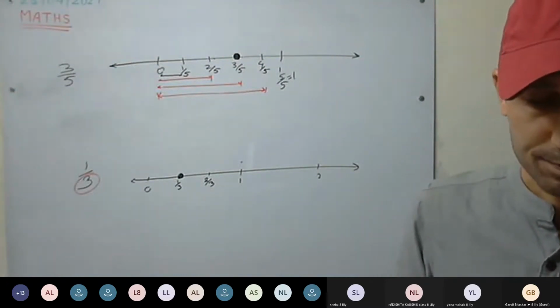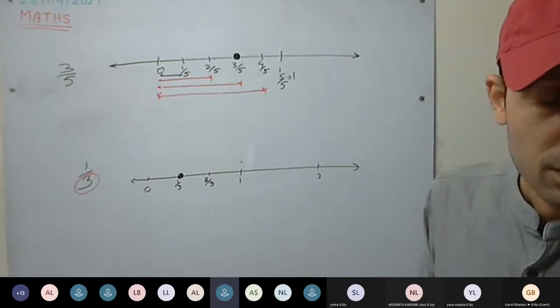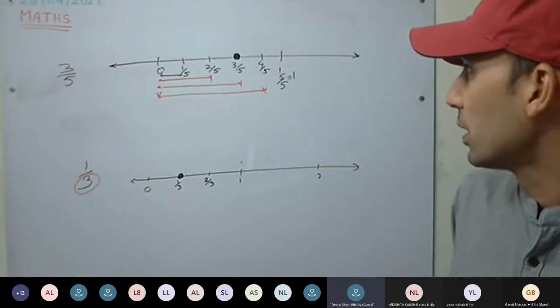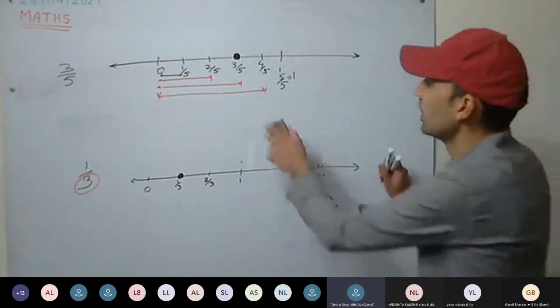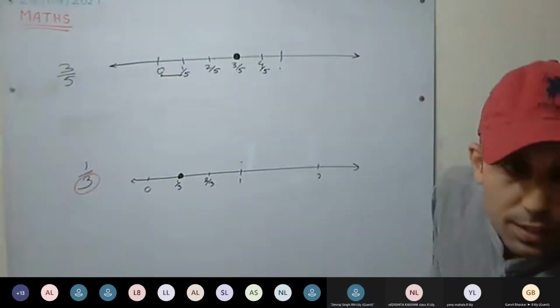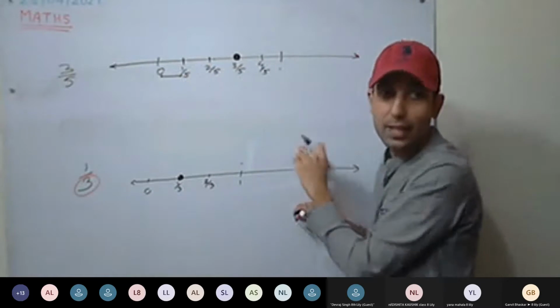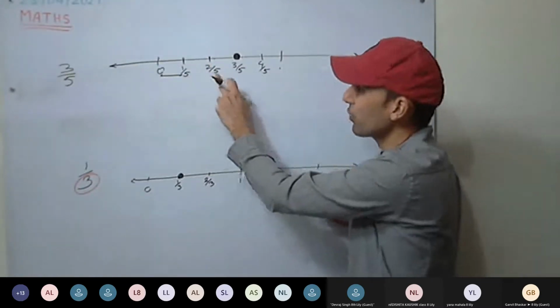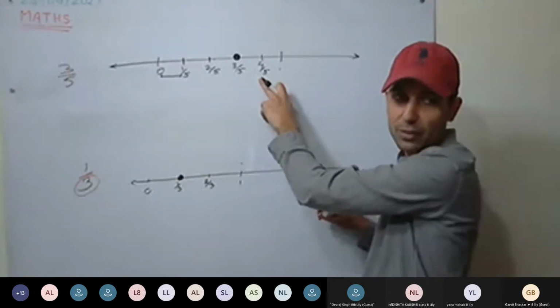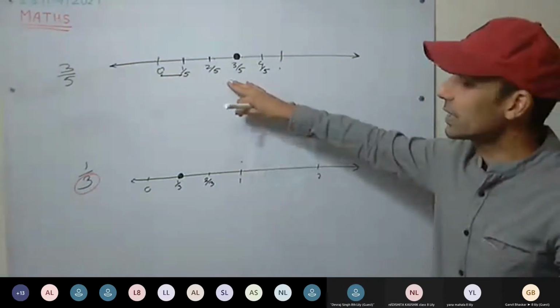Understood this one? Yes, sir. Sir, in the notebook, do we have to directly mark 3 by 5 or write 1 by 5, 2 by 5? See here, you can directly mark, but you have to divide the line like this. It's better if you write 1 by 5, 2 by 5, 3 by 5, 4 by 5, so that when you revise, you can easily understand.